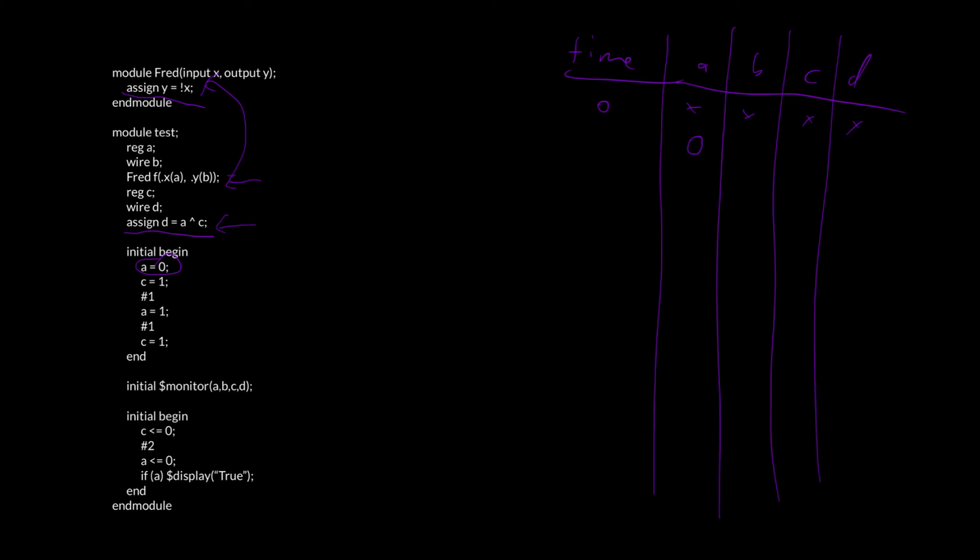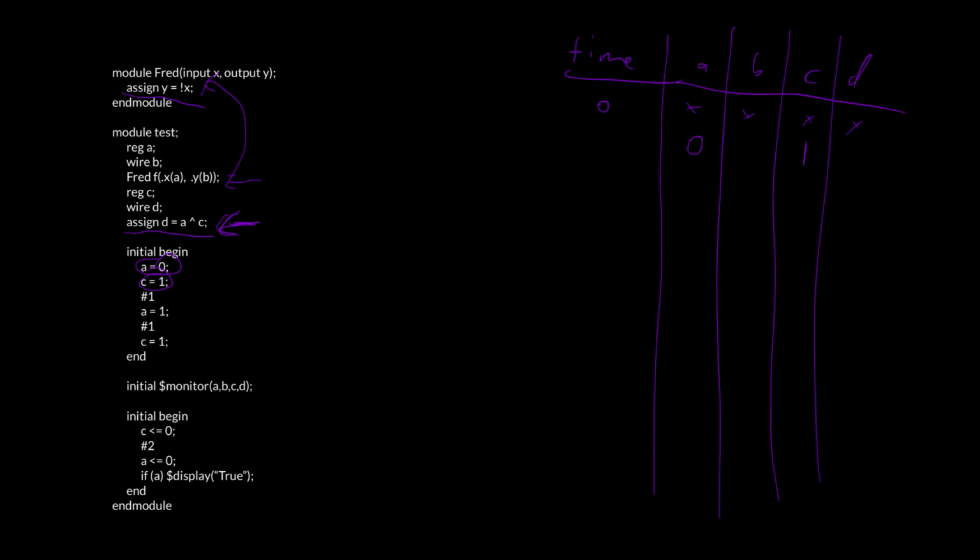So the next thing I do is I set C equal to 1. So I set C equal to 1 over here, and I've now done this instruction as well. As soon as C gets updated, that alerts us to the fact that we also have to process this event here. We have to run this process, but we already have a marker. We already have a to-do note to do this.